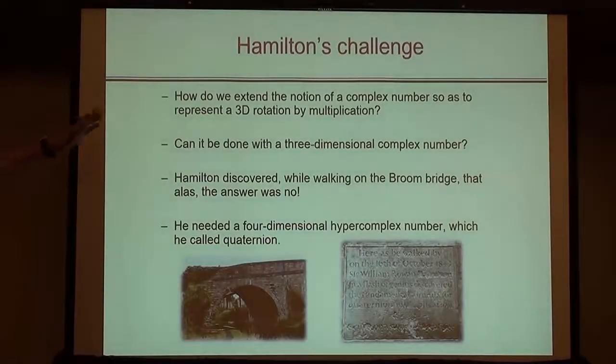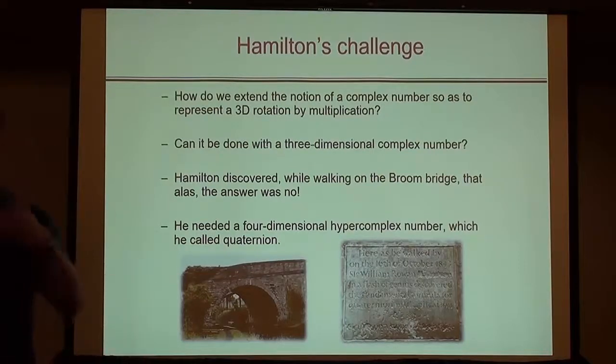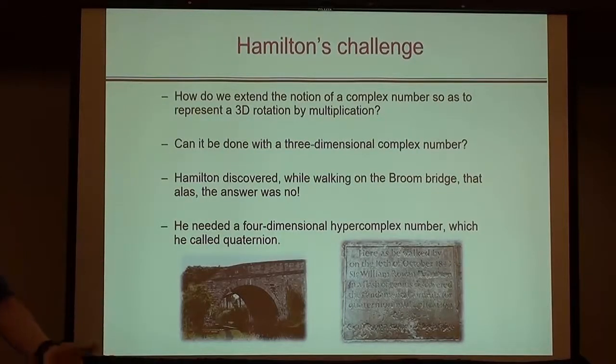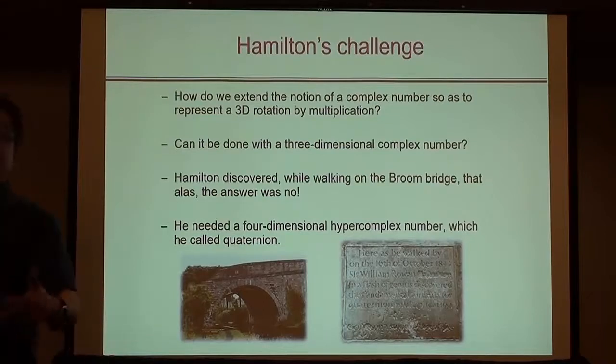Okay, so this is the historical, the slides about the history. Hamilton was the first one. We all know complex numbers. Then he was thinking complex numbers work so well in the plane. How do I extend it to three-dimensional rotation? He tried and tried.